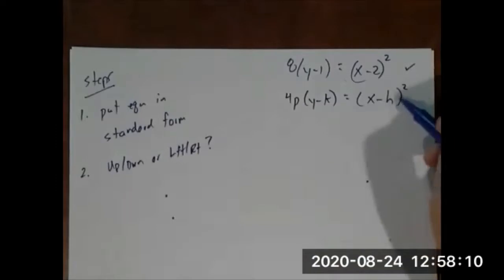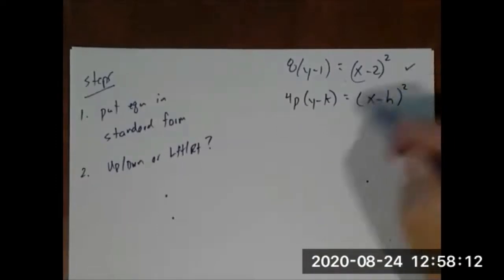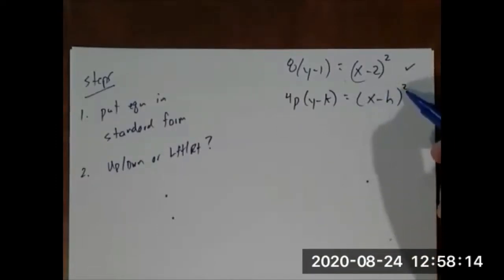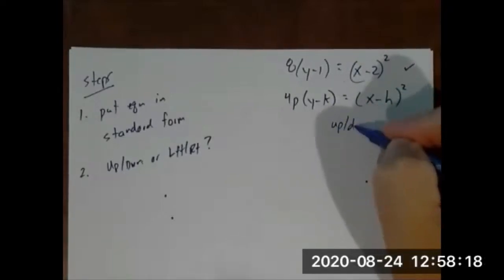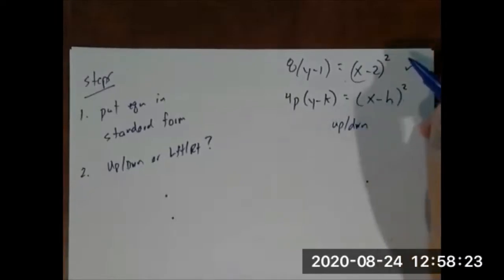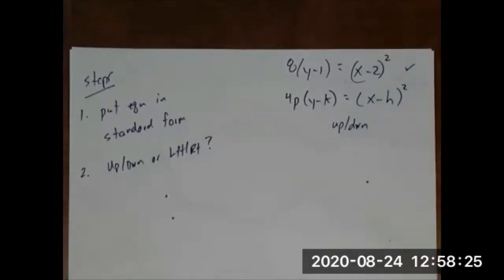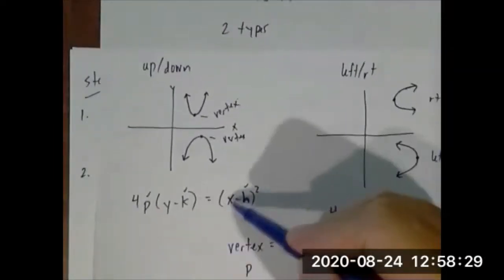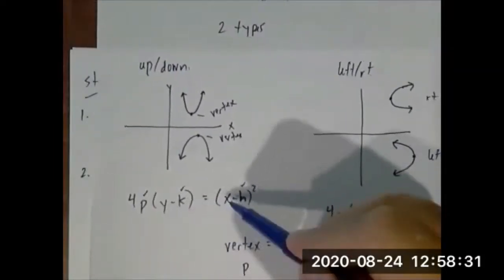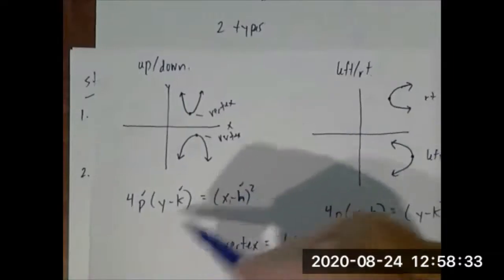When you have the x parenthesis squared, that is an up or down parabola. I don't know which yet, but it's going to be either up or down. Because once again, for an up or down parabola, this is a standard equation. And the equation that we were given for this problem is in this form.